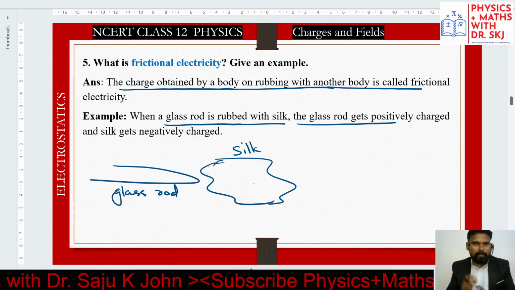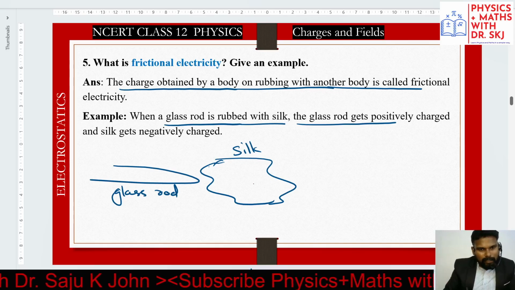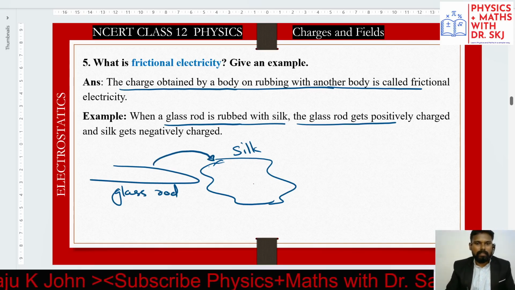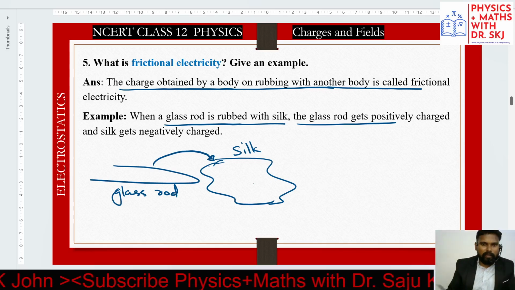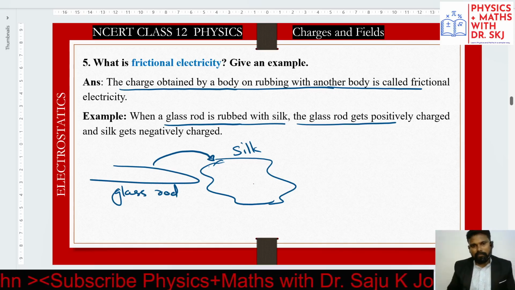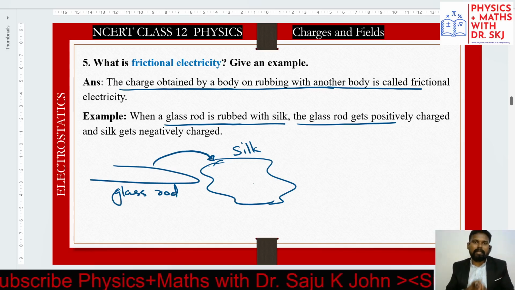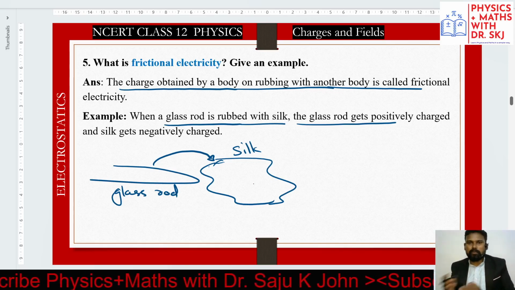Here, electrons will be transferred from glass rod to silk. When we rub glass rod with silk, what happens? Electrons will be transferred from glass rod to silk.